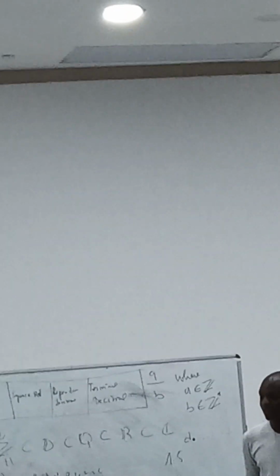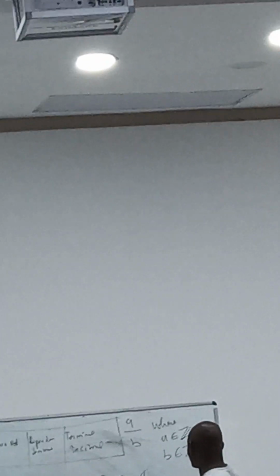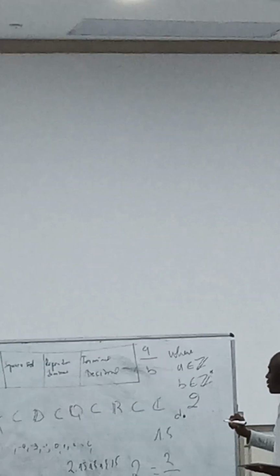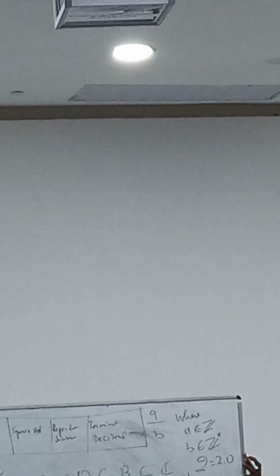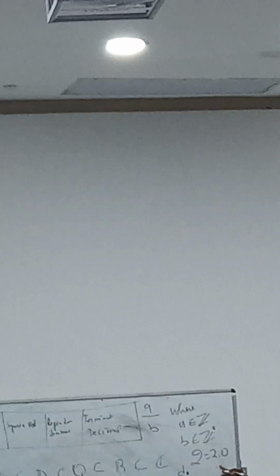If I ask you why an integer is a decimal number, what will you answer? Because if I say 2, 2 can be written as 2.0. Yes or no? Can we write it like this?